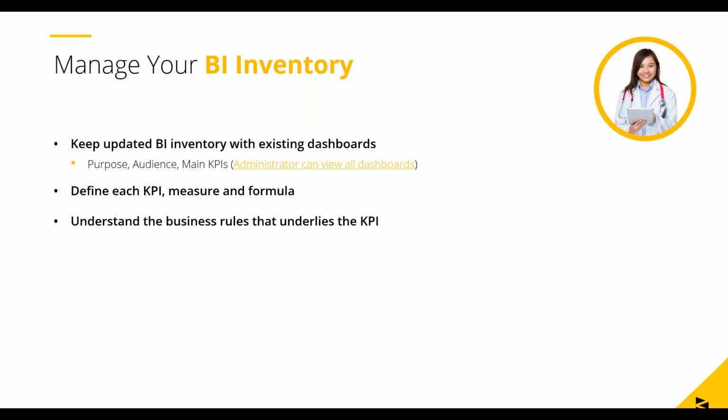So try to address those business rules within the widget so people will be more involved and will understand what they are looking at. And also, if you have a roadmap, if you know that you're going to release a few dashboards in the future, like in the next quarter or the next month, also document that and publish that so people will know what to expect.